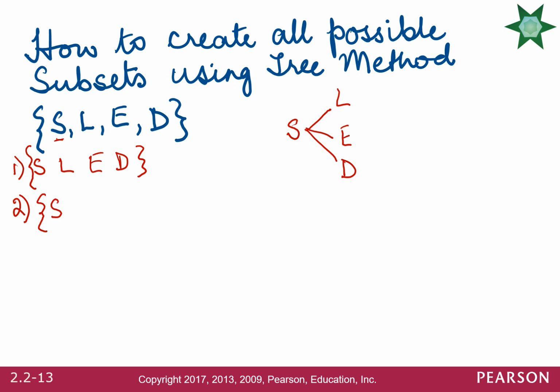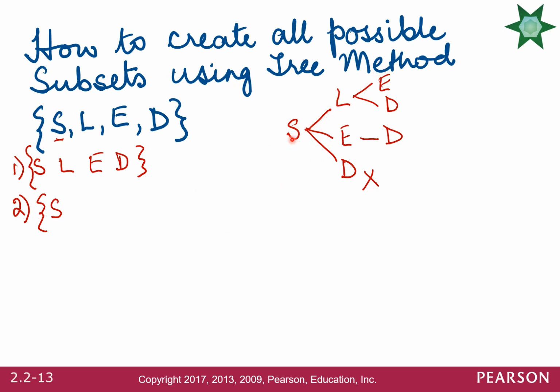After L, we can either get an E or a D. After E, we can get a D, and the last one drops off. Sorry, not this one. The last one is the one with the D. This one drops off.